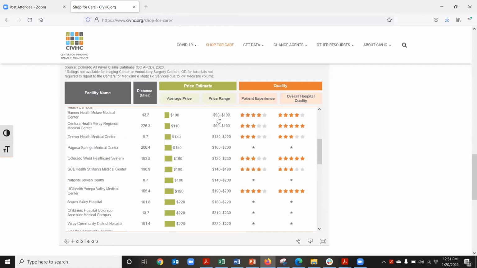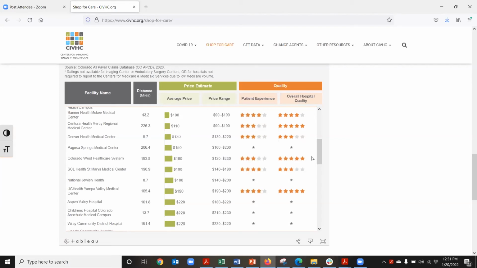But we have others that have a little more variation, like Pagosa Springs, whose median is 150, and they go from 100 to 200. And then you see in Colorado West Healthcare System, I'm gonna move now to the quality metrics. You see that they have in patient experience 3 out of 5, and in overall hospital quality, they have 5 out of 5.